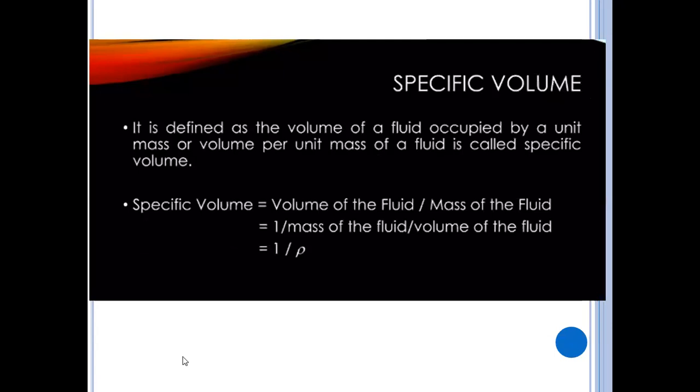Next one is specific volume. It is defined as the volume of fluid occupied by a unit mass, or volume per unit mass of fluid. Specific volume is equal to 1 by rho, where rho is your density. It is the inverse of your density.